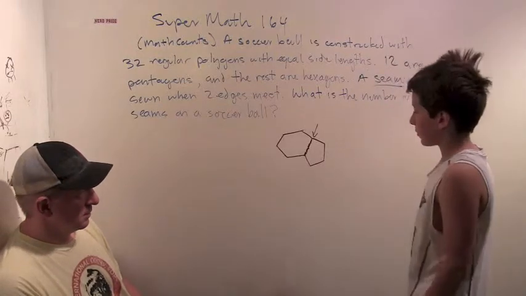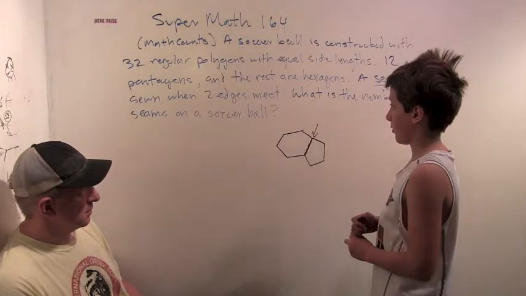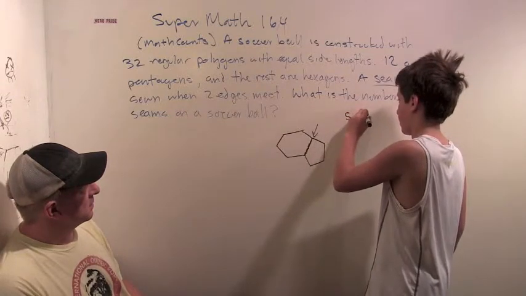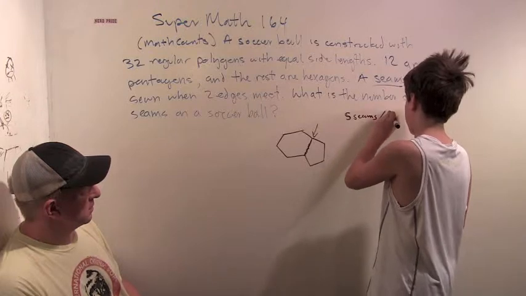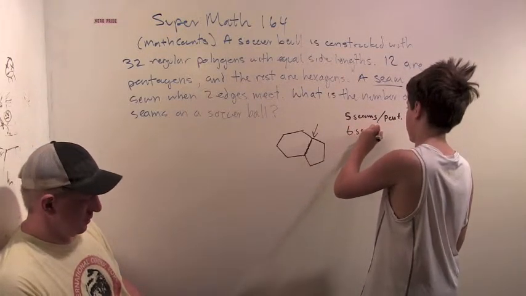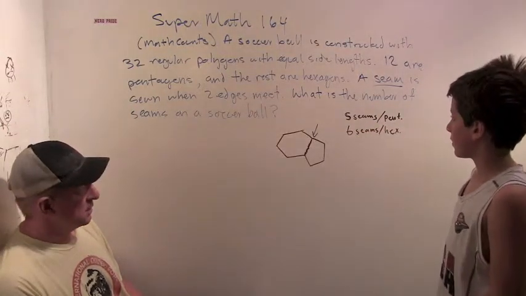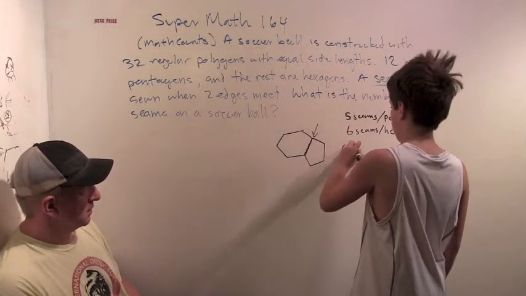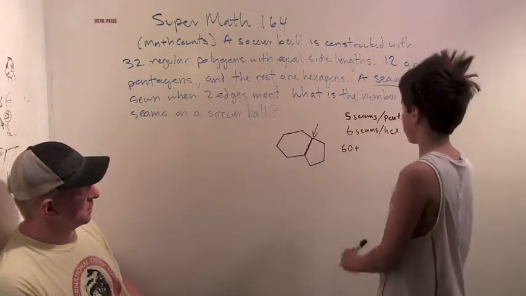Well, if we don't correct for overcounting, we're going to have five seams per pentagon and 6 seams per hexagon. So we have 12 pentagons, 60 plus 20 hexagons.